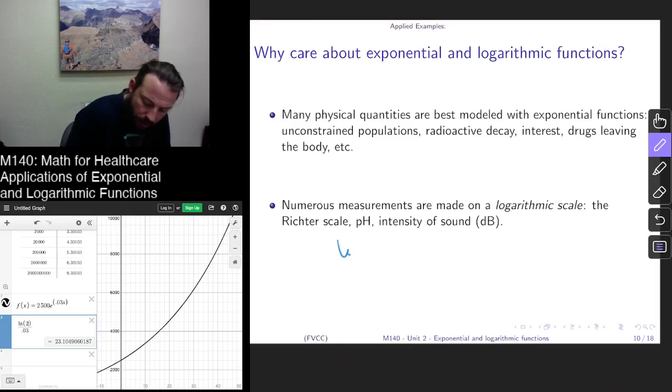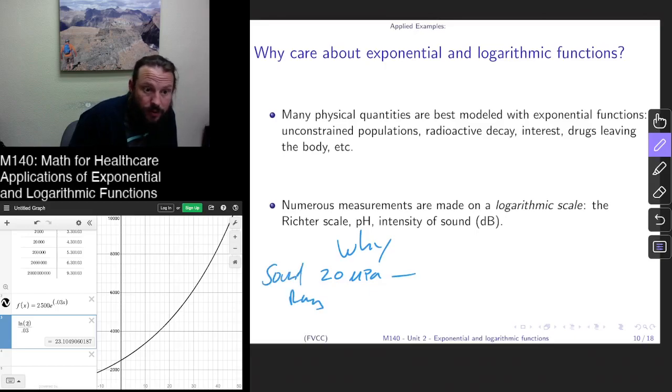So, why here? Well, sound goes from 20 micropascals ranges to 2 billion pascals.